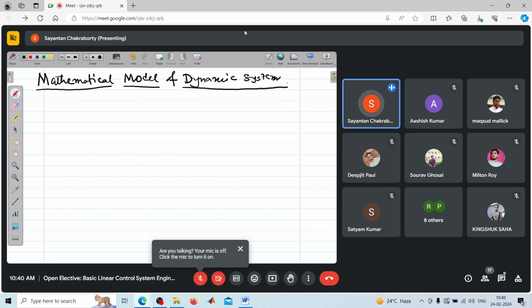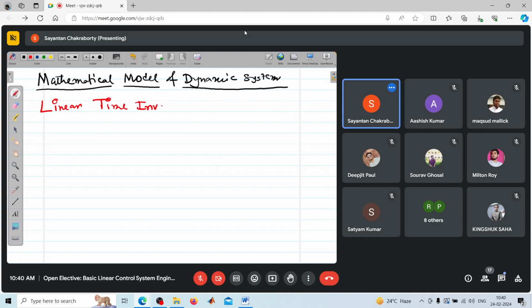Now, before going into that, I should recall that in our course we shall only be considering linear, time invariant systems.